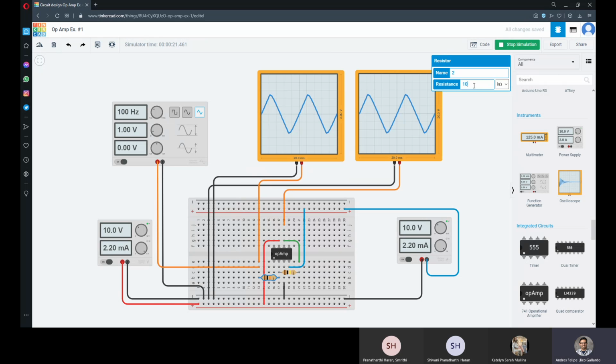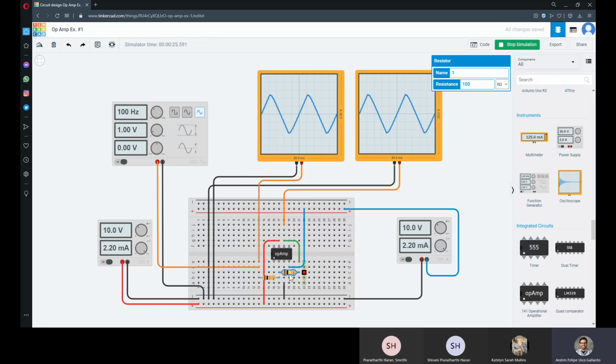If we change it to 10, we immediately see that now, although the signal remains identical, the scale has changed. Now it's 20 instead of 2, so that goes with what we knew, that the amplification of this circuit will be 10 times.